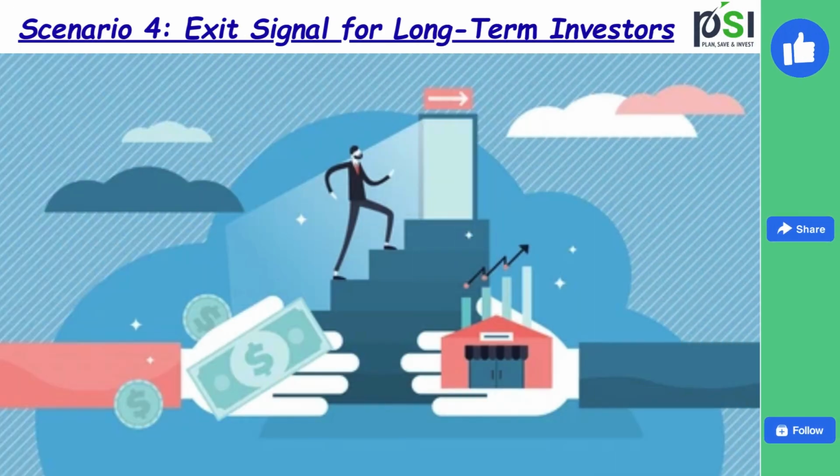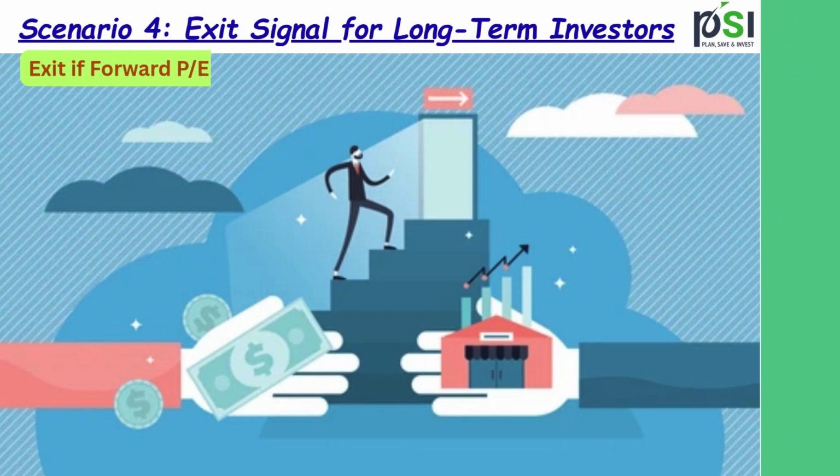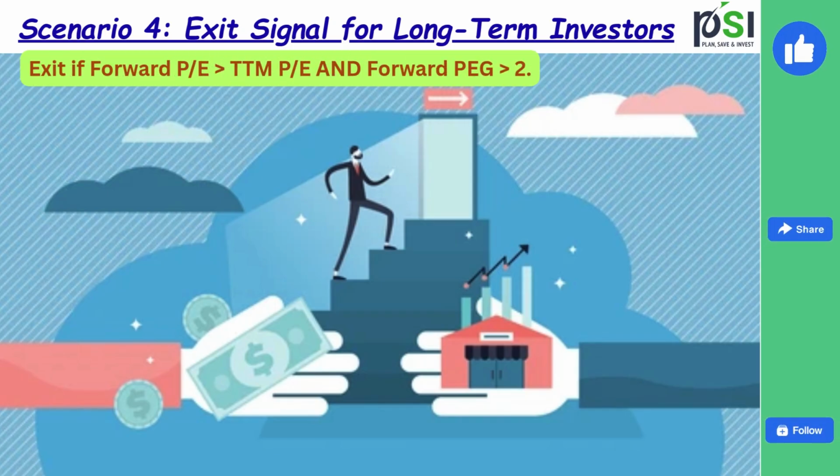Now another scenario, exit signals for long-term investors. Generally, long-term investors keep this as an exit signal: exit if forward PE is greater than trailing PE. We explained this in our previous video. You can watch it by clicking on the above link. And forward PEG is greater than 2. So few might keep it as an exit signal.